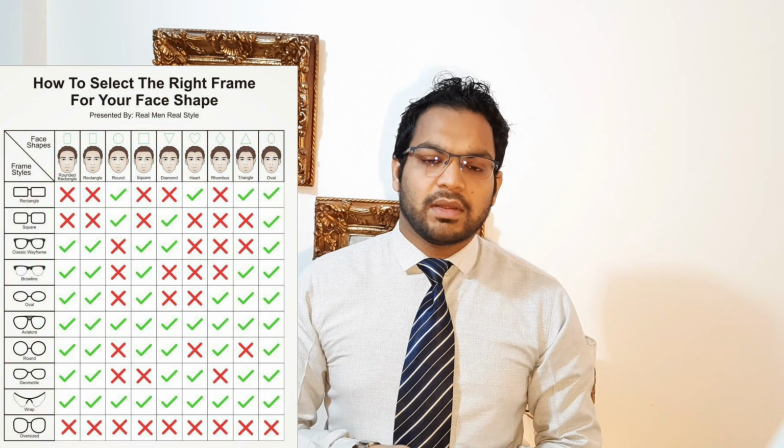What happens exactly if you choose the wrong frame? First of all, the frame will keep sliding up and down like this. The point of the progressive lens is that the focus point will vary, so you will not be able to see things clearly. Second, as I explained, in progressive lenses you have 3 focal points: the top for the distance, the middle for the computer, and the bottom for the reading.